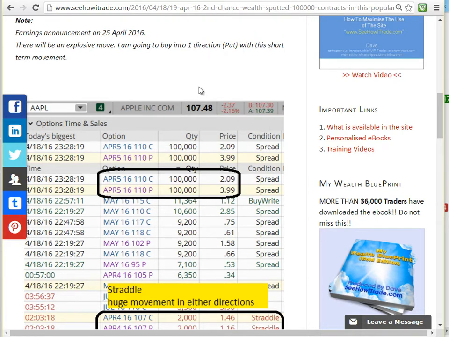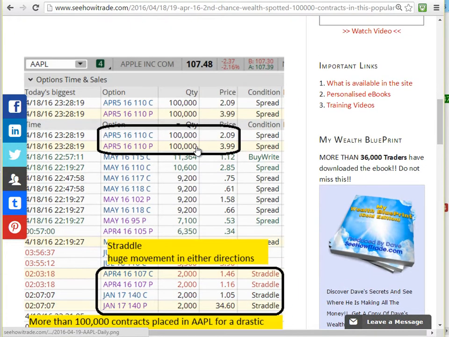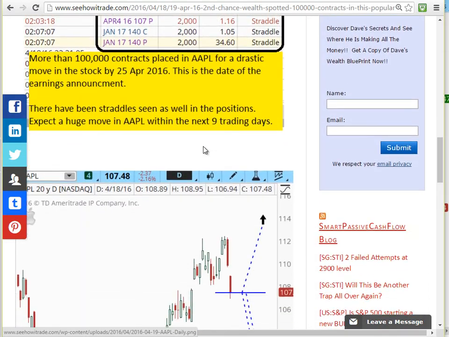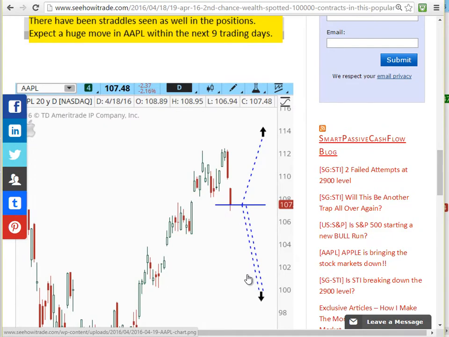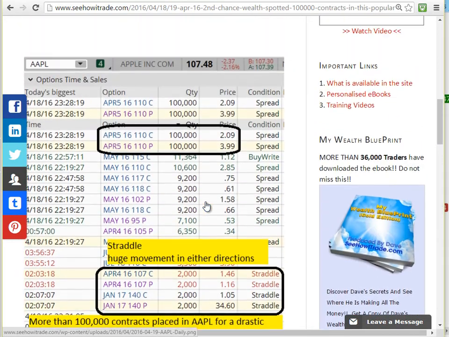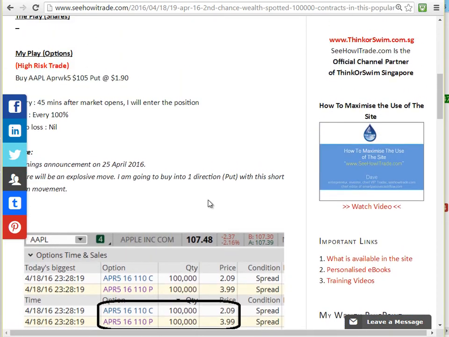The play will be until the week of the 25th April, and I exited on the 27th April. As you can see, there was an explosive move downwards all the way down. So the movement did happen. And what was my entry price and exit price?